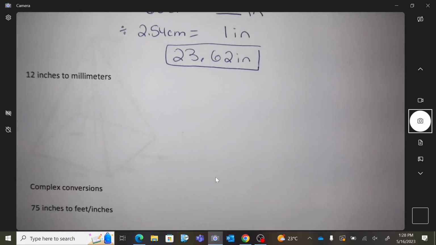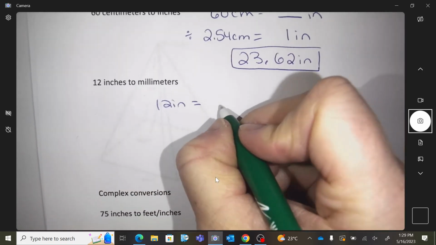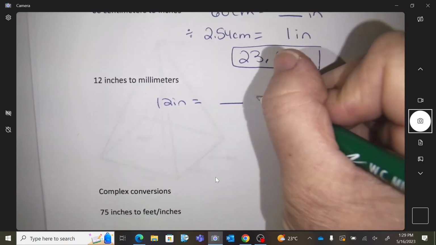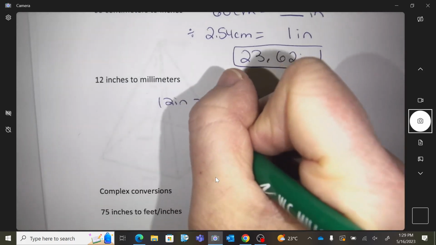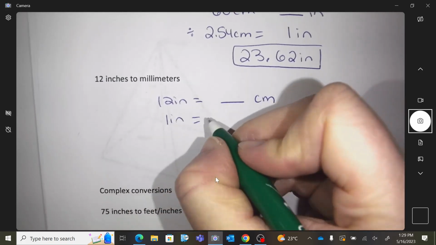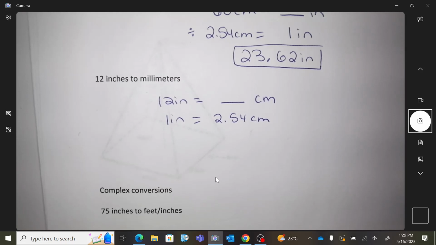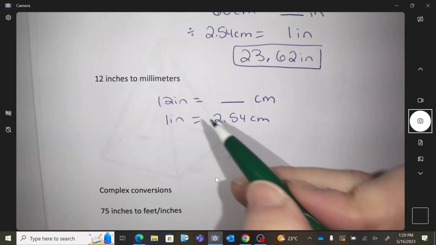Okay. Inches to millimeters, so 12 inches. I don't think I can go right to millimeters, right? So does it make sense? I'm going to go into centimeters right now. I don't think you have anything on your formula sheet that will help you. 1 inch is 2.54 centimeters, so this is a times.